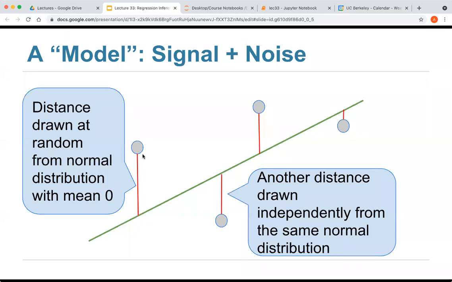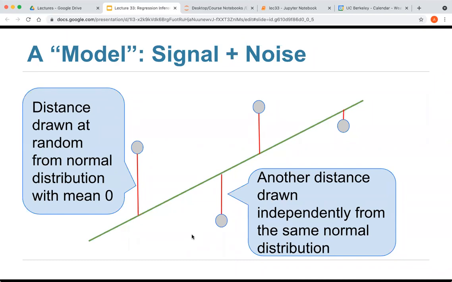And the regression model assumes that that error is drawn from a normal distribution with mean zero. So sometimes it's positive, sometimes it's negative, symmetrically on either side. And it assumes that for different points, the errors are drawn independently of each other.